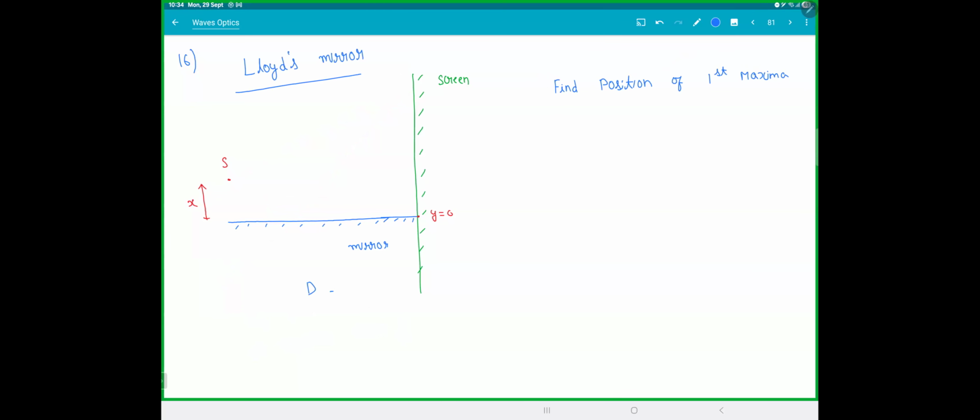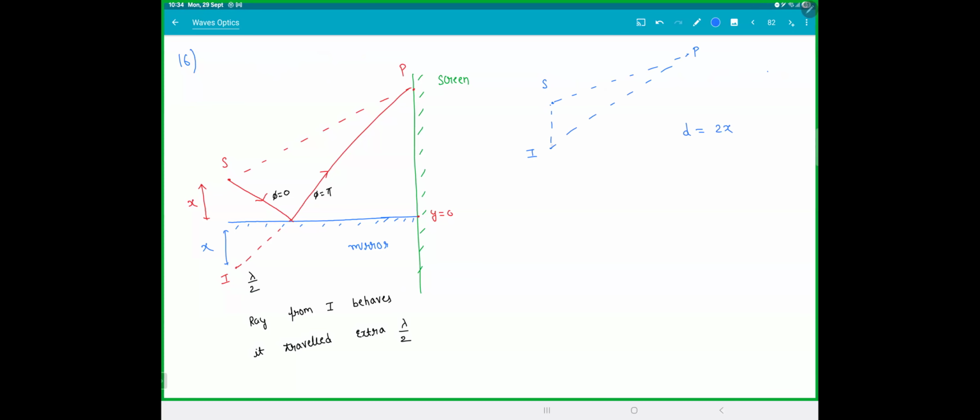I should have given capital D. Here this one will have an extra lambda by 2. So in place of S2 we have I. So delta x will be IP, but IP also traveled extra lambda by 2, minus SP. That will be IP minus SP plus lambda by 2. And you know what IP minus SP is? dy by capital D.